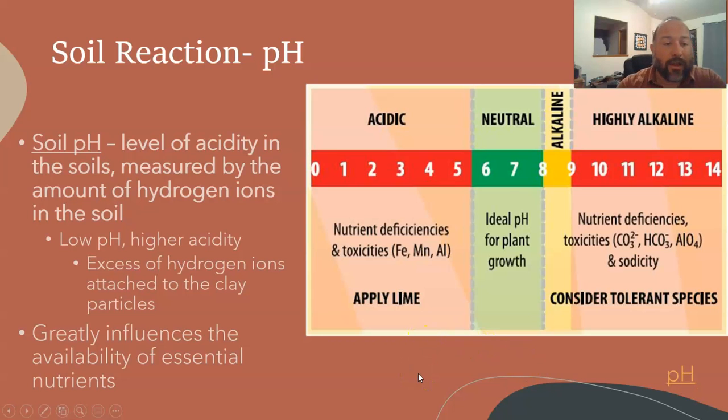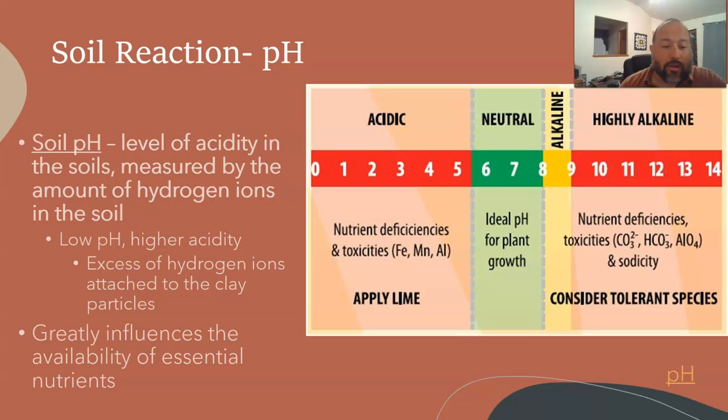When we talk about soil pH, we're talking about the level of acidity in the soils, and it's measured by the amount of hydrogen ions in the soil. So if you have low pH, you're going to have higher acidity, which means you have an excess of hydrogen ions attached to the clay particles in your soil.